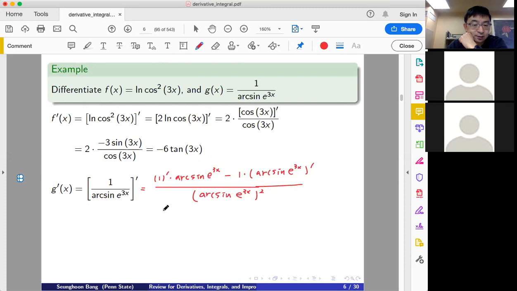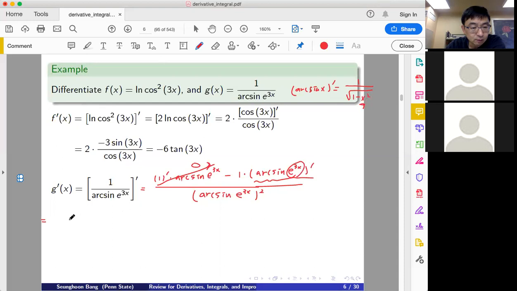So like this, and calculate. The 1 prime is 0, so this whole thing is 0. What about arc sine e to the 3x prime? Do you remember, what is arc sine x prime? The arc sine x prime is 1 over the square root of 1 minus x squared. So you can plug e to the 3x into here.